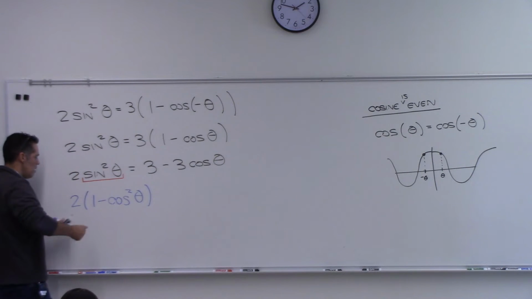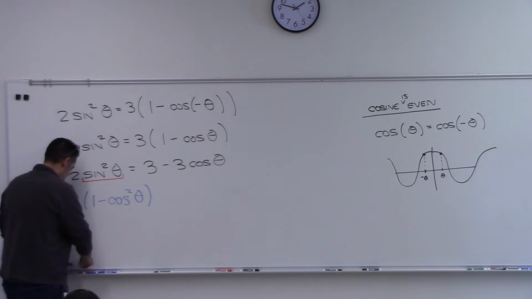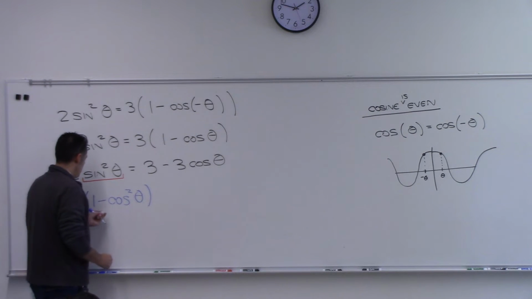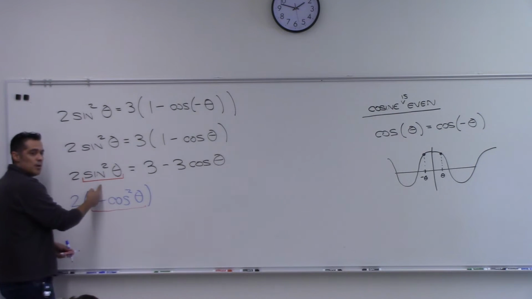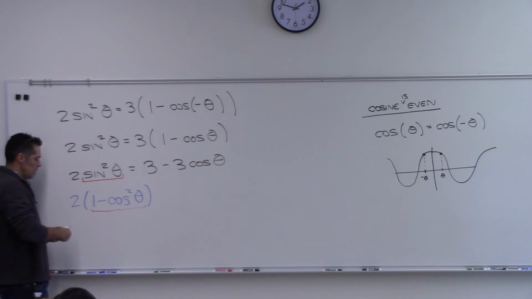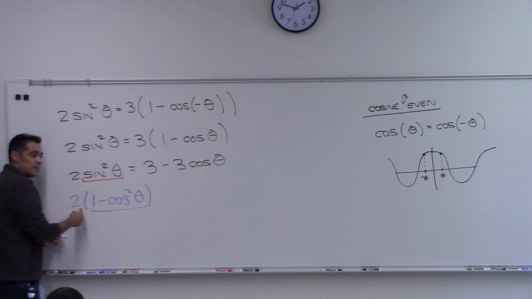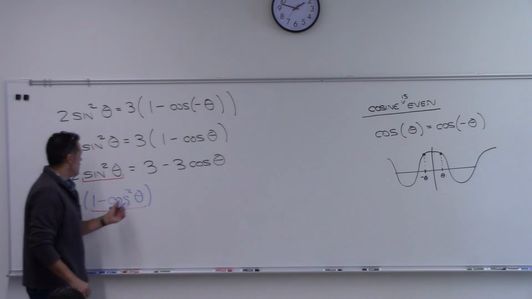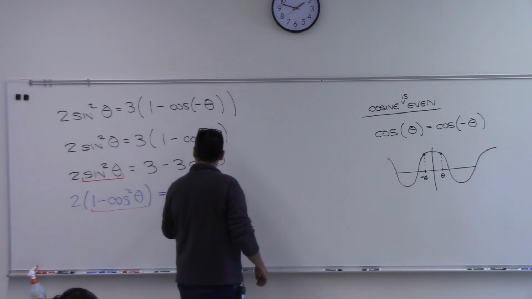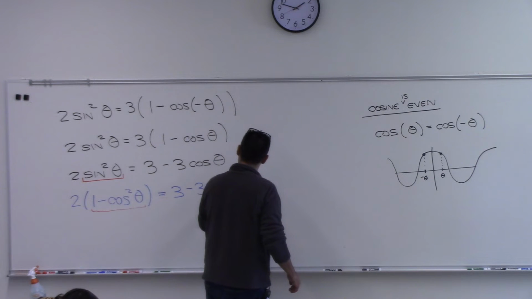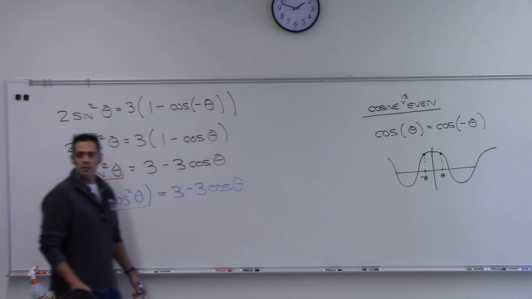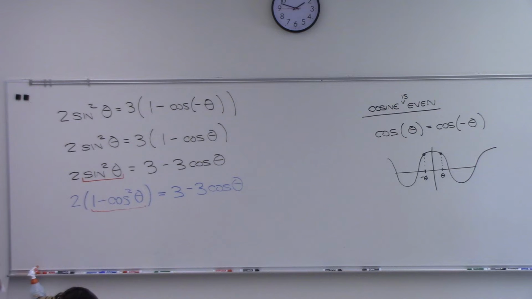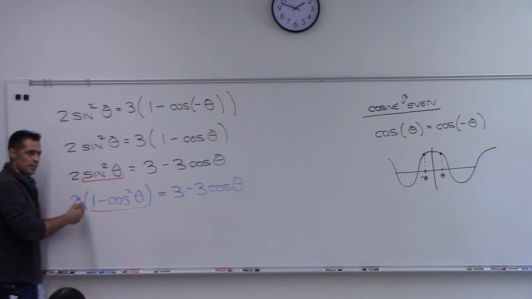Okay, so this right here is what sine squared theta is, and I have the 2 that's sitting in front of both of them. It's going to have to distribute. On the other side, 3 minus 3 cosine theta. Any questions? Let's pass the 2 through.